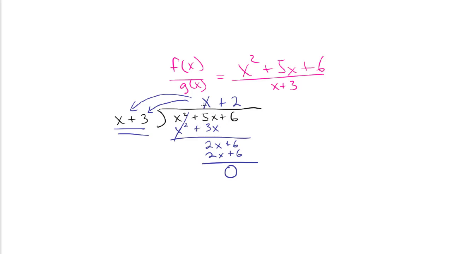The result of that long division is x plus 2. And we know that's the case because we know x plus 2 times x plus 3 are the factors of x squared plus 5x plus 6. So that's how we would do our polynomial long division.